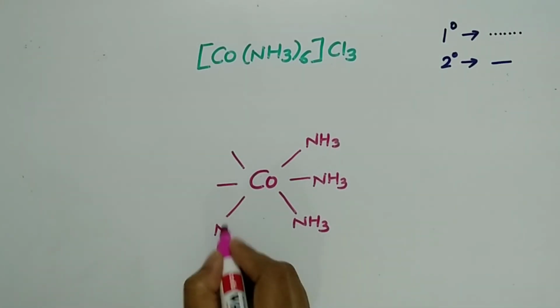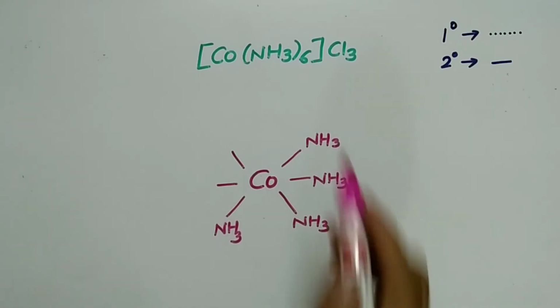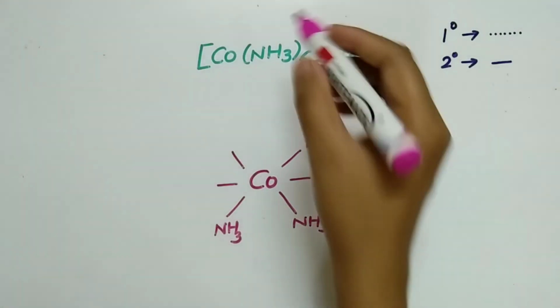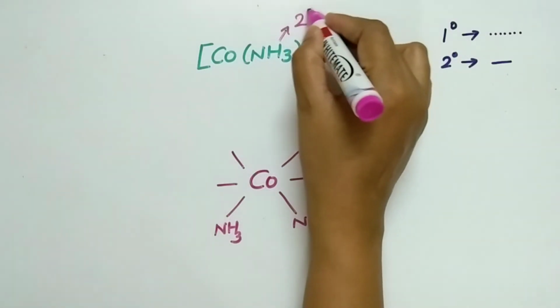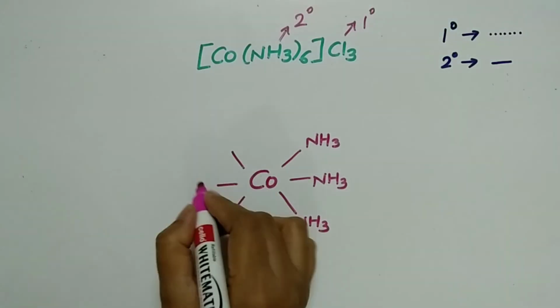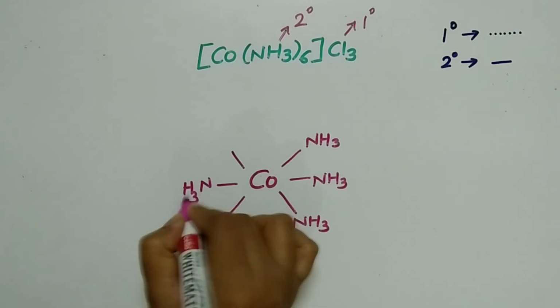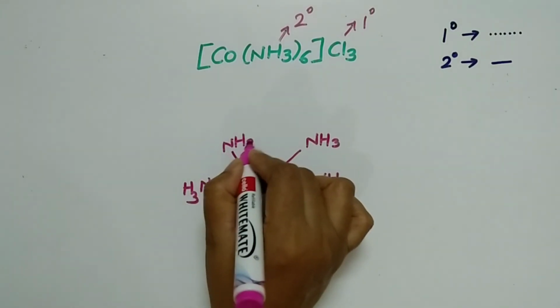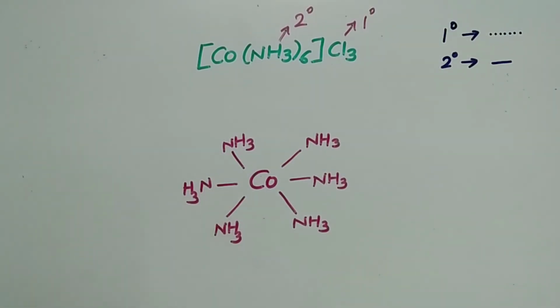I have shown it with the solid line because that is a secondary valency, correct? This is the secondary valency. This is the primary valency, secondary valency with solid lines, right? So I have shown the ligands here. Now the primary valency, correct?